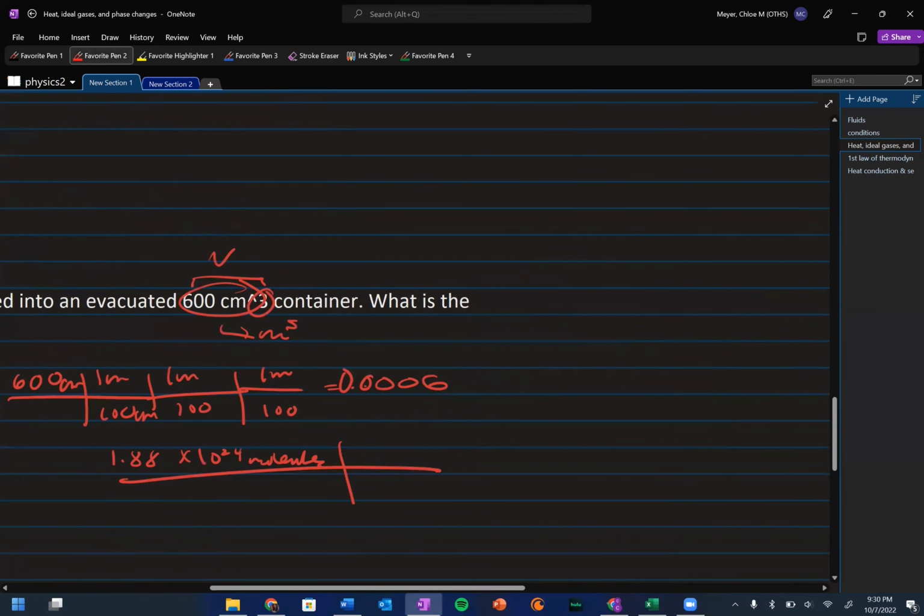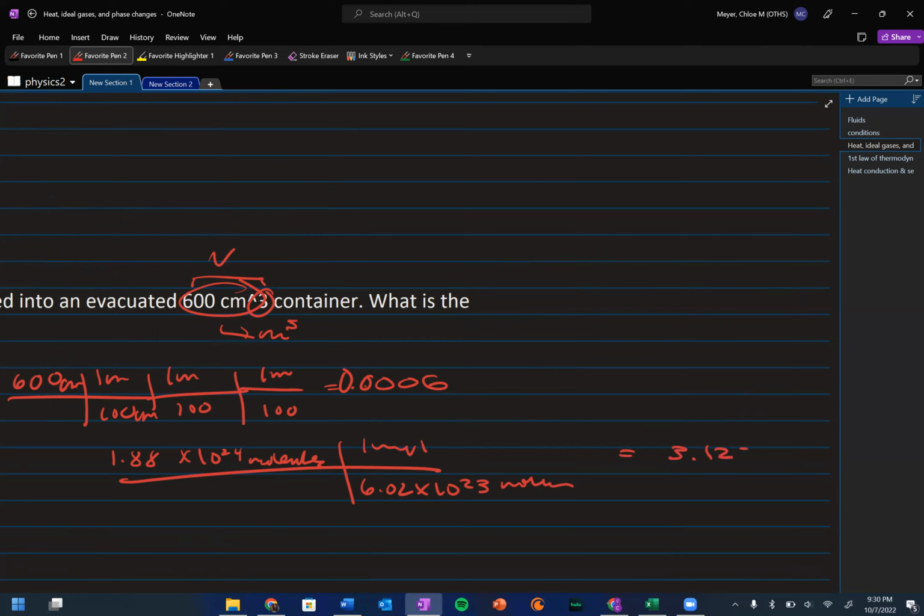And we know that 6.02 times 10 to the 23 molecules is 1 mole. So that equals 3.12292 moles.